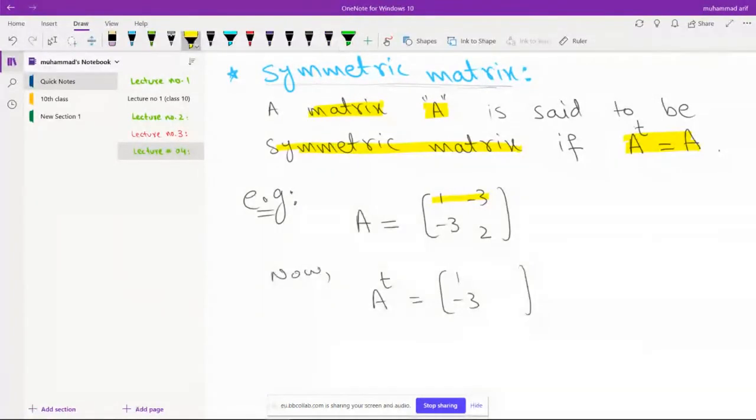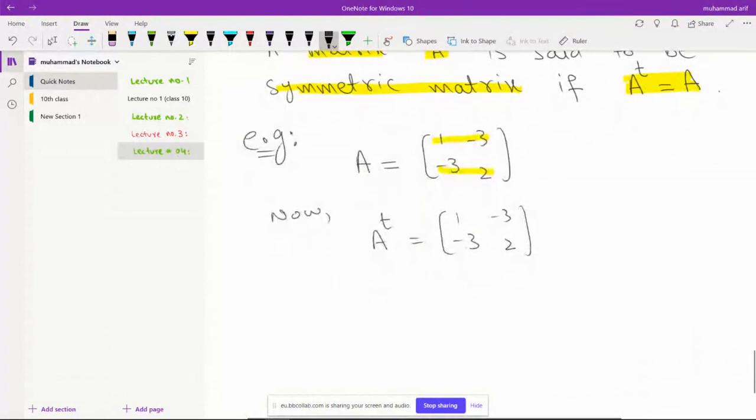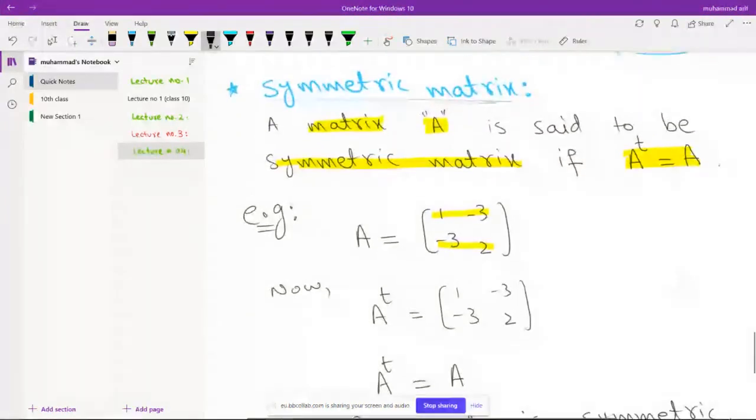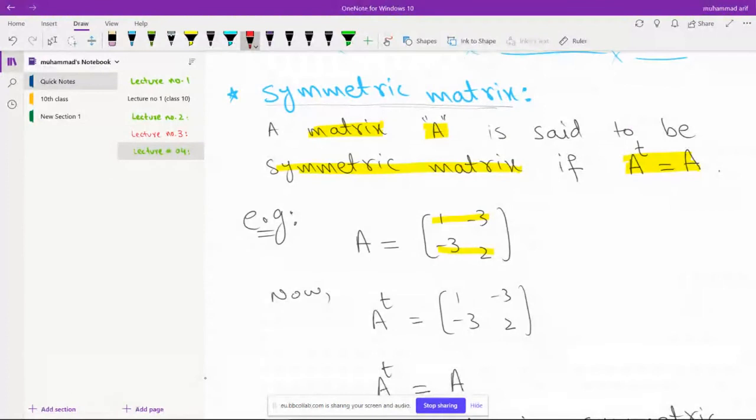The second row is also written in form of column. -3 and 2. Here we see that matrix A transpose again becomes A. Therefore, A is symmetric. I repeat it again. A matrix A is said to be symmetric matrix if A transpose becomes A.